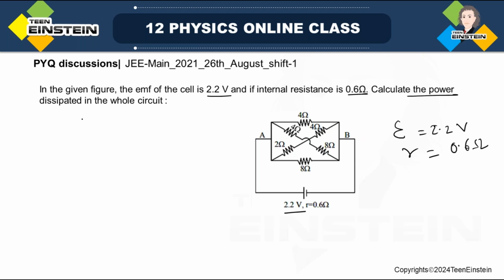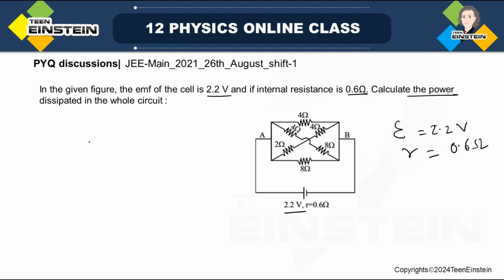Calculate the power dissipated in the whole circuit. But we have to know the equivalent resistance of this circuit. Then only you will be able to find the current or the voltage across the equivalent resistance, and then we can find the power dissipation.